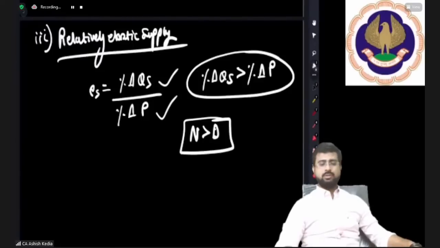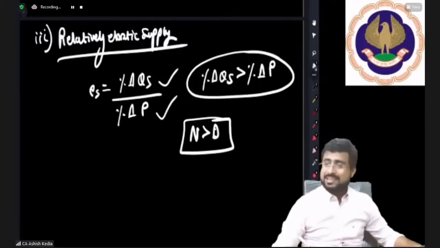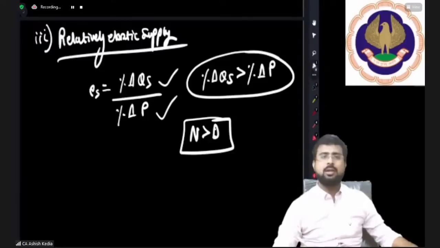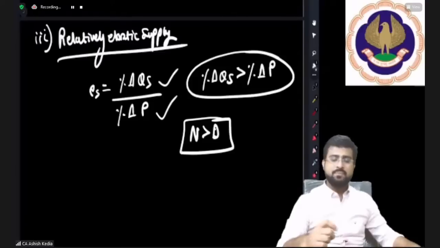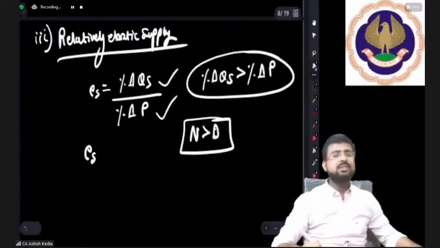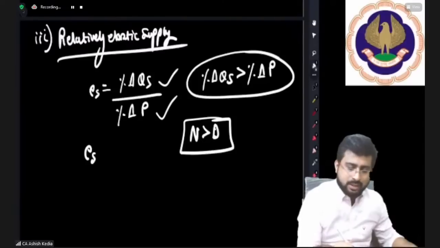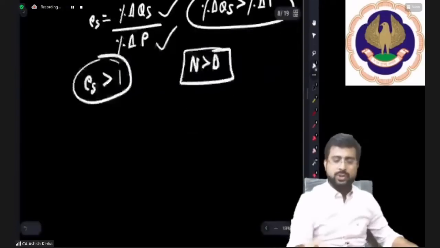Okay, very good. You are absolutely correct. If the numerator is greater than the denominator, the fraction will always be greater than 1. So here also, elasticity of supply is going to be greater than 1. I'll show you with the help of a graph.